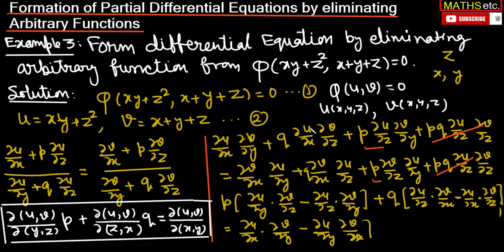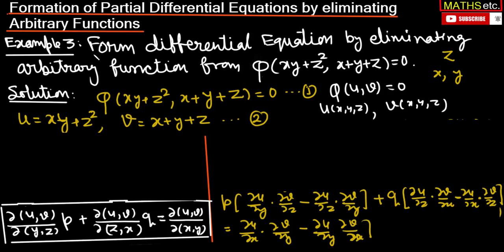The resultant equation formed by eliminating phi from these two equations will be this equation: Jacobian of uv with respect to yz into p, plus Jacobian of uv with respect to zx multiplied by q, equals Jacobian of uv with respect to xy. These x, y, z are changing their roles in a cycle, right? yz, then zx, and then xy.